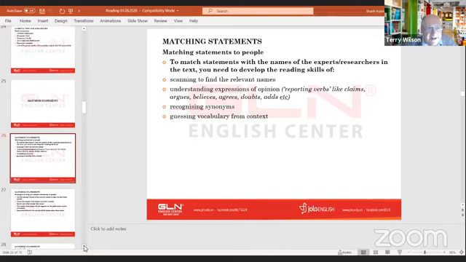So this word guessing appears again. And there's no doubt that some answers you will have to guess.